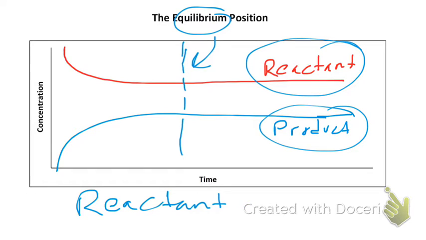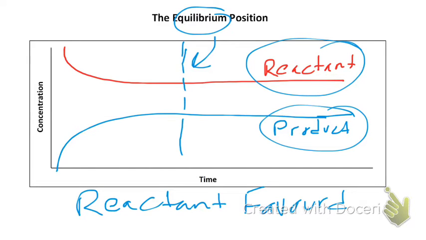Okay? Reactant favored reactions just mean that the reverse reaction is more common, more favorable thermodynamically than the forward reaction, so that we'll have more reactant than we have product once equilibrium has been reached.